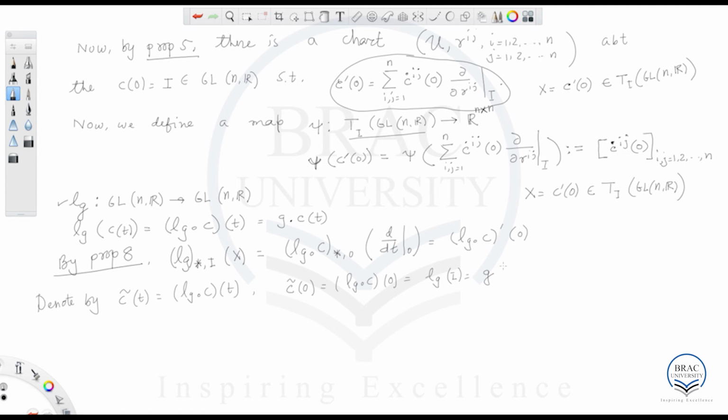And what is C tilde prime at 0? This is equal to (L_g composed with C)' at 0.